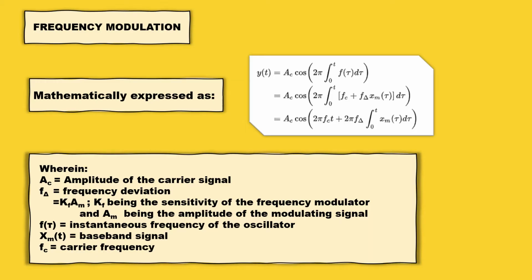To have an in-depth discussion of frequency modulation, we have here its mathematical expression. It is expressed as y of t is equal to A sub c cosine of 2 pi times the integral of f of tau from 0 to t.